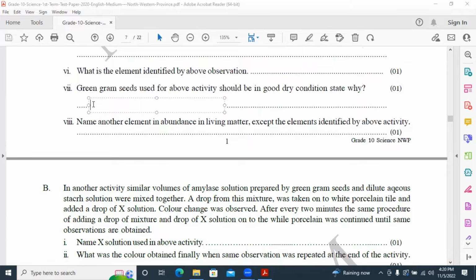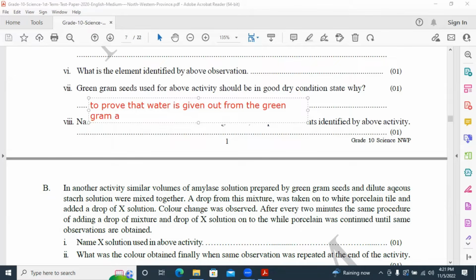So to prove that water is given out from the green gram and it is a constituent.